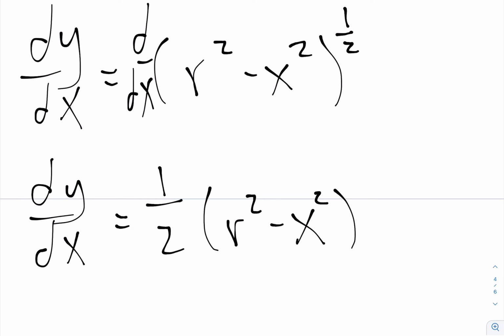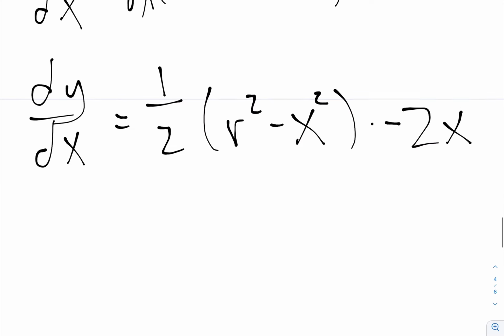So that's just a constant. So we're going to have a constant minus x squared. The derivative of that is just the derivative of r squared, which is 0, the derivative of a constant, minus the derivative of x squared. And that's going to be negative 2x via the power rule. We're going to bring that 2 out in front, lower the exponent by 1. So that's going to be times negative 2x.